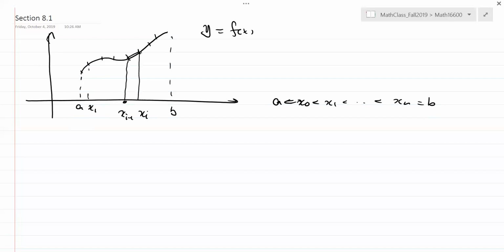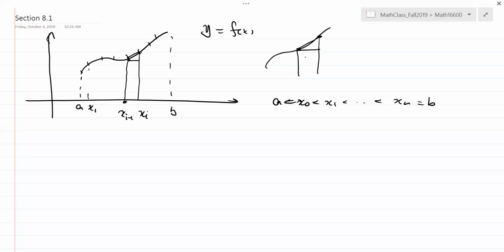Okay, this is a curve and it's very complicated, but I can estimate the length of this piece using the Pythagorean theorem. The picture here is that this is a curve, and I can approximate the length of this piece by the distance between those two points.